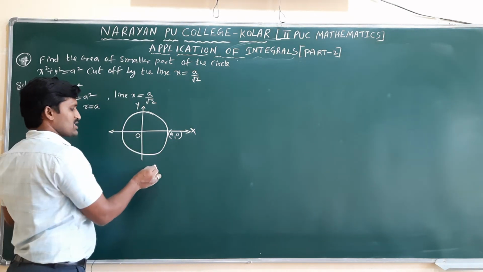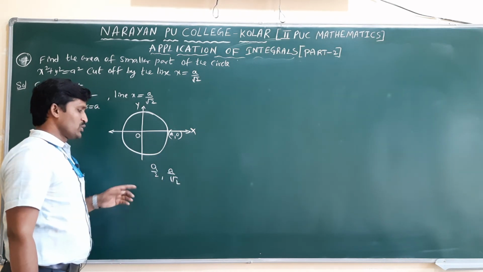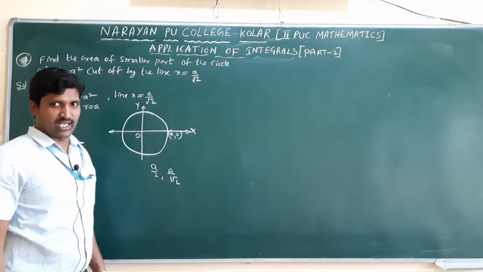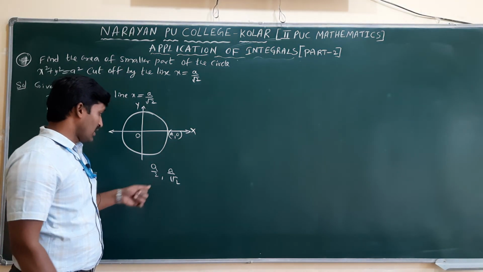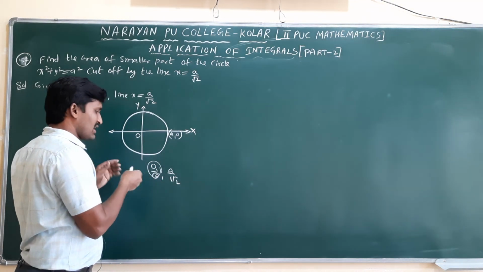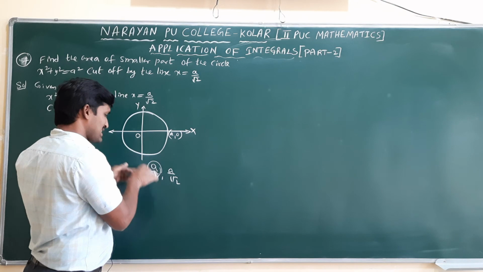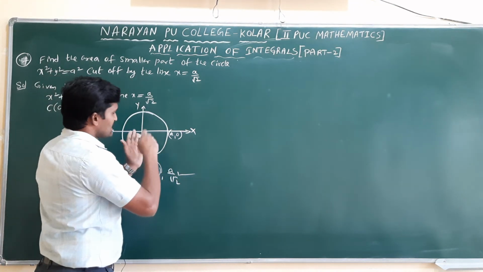Is a by 2 more or a by root 2 more? A by 2 is less, because 2 is bigger. If you divide by a bigger number, the value becomes less. That's why a by root 2 is more than a by 2.